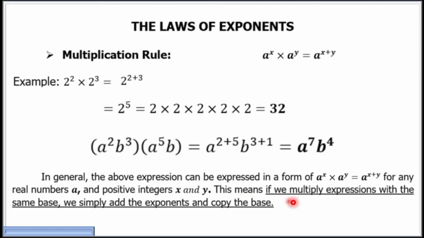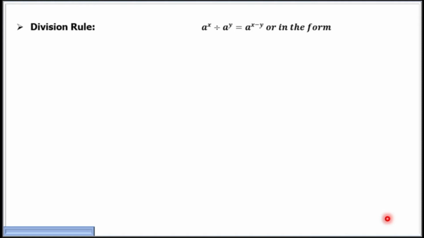This means if we multiply expressions with the same base, we simply add the exponents and copy the base. Alright, next, division rule.